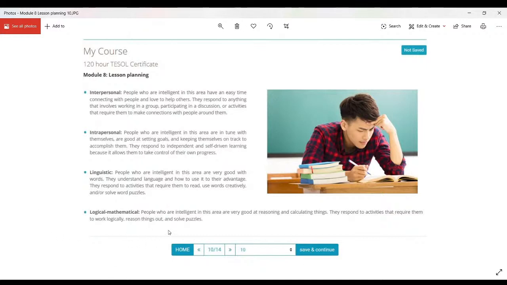Okay, so iba pala to, iba pa to dun sa number kanina na nabasa natin. People who are intelligent in this area are very good at reasoning and calculating things. They respond to activities that require them to work logically, reason things out, and solve puzzles. Alright, so save and continue tayo.